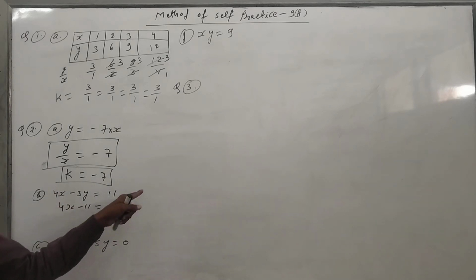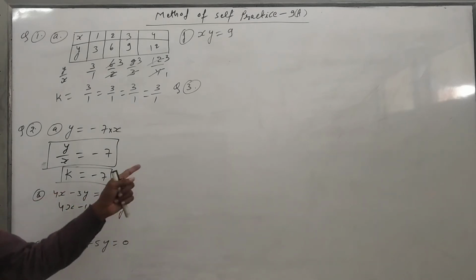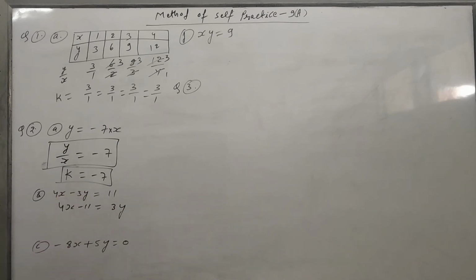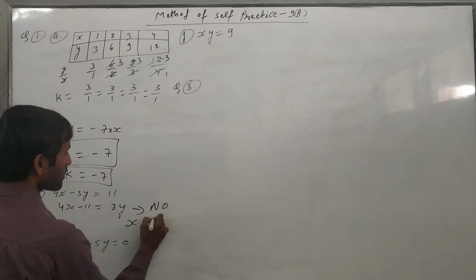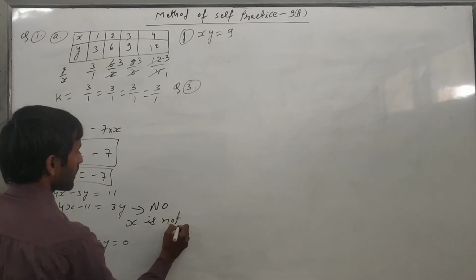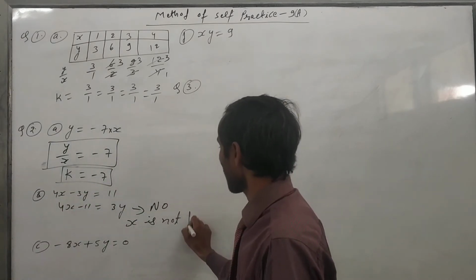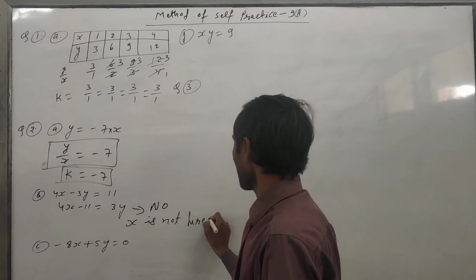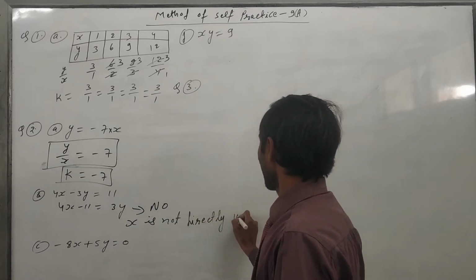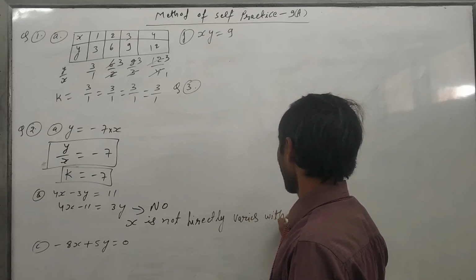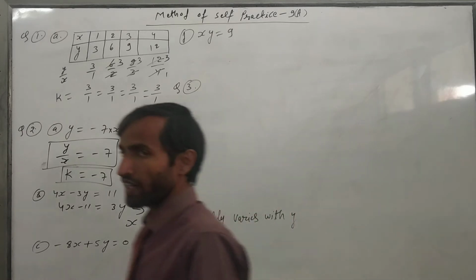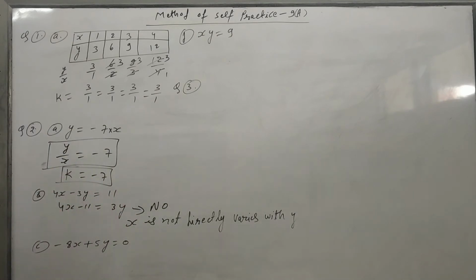Now the 4 or x will not be able to go, because 11 is there. So we can say it is not directly proportional. So x is not directly varying with y. Okay, this is the answer. So we cannot find a constant.